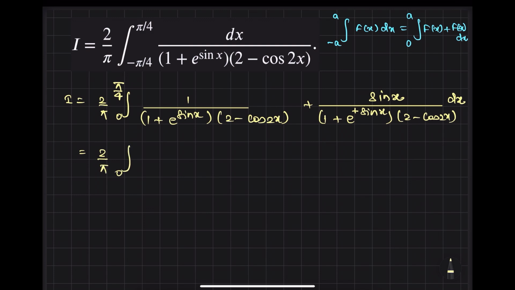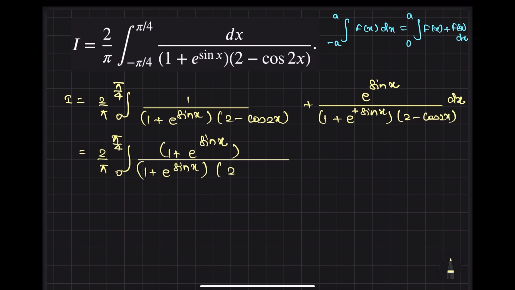So it is 0 to pi by 4, then not e power sin x, this thing will become e power sin x. Okay, so 1 plus e power sin x, and then we have 1 plus e power sin x, then 2 minus cos 2x and then dx.